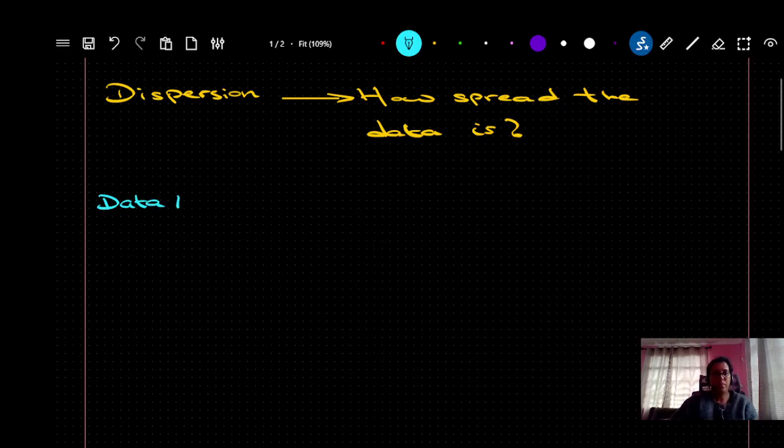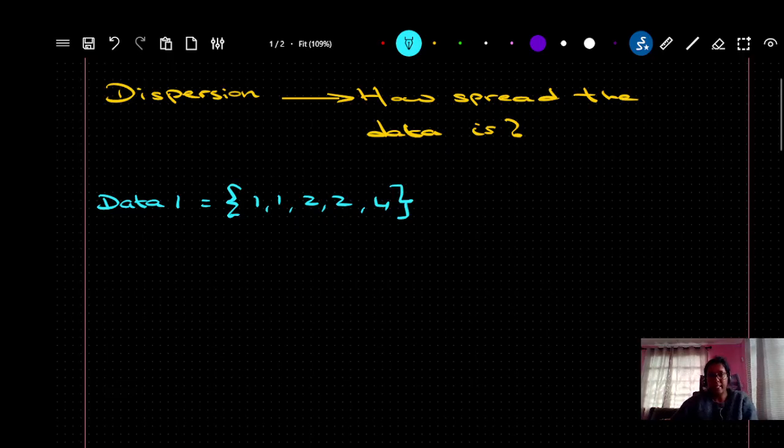Data 1 is equal to, we have figures in it such as 1, 1, 2, 2, 4. I'm taking the same example from my notes so that it's easier for me to explain. So you have this data set 1, 1, 2, 2, 4.